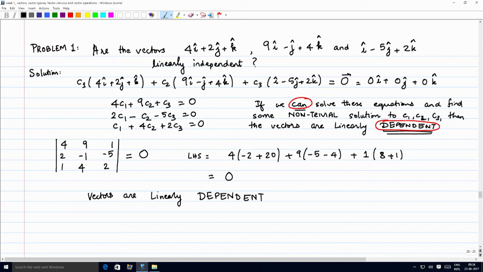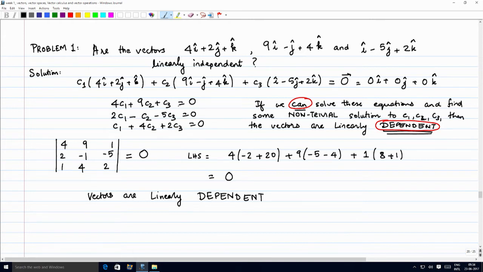If you try to solve for C1, C2, C3, if you try to solve these simultaneous equations, you will find that one of them can be chosen arbitrarily. One of the 3 can be chosen arbitrarily, because there are 3 equations and 3 unknowns, but it is a homogeneous system.